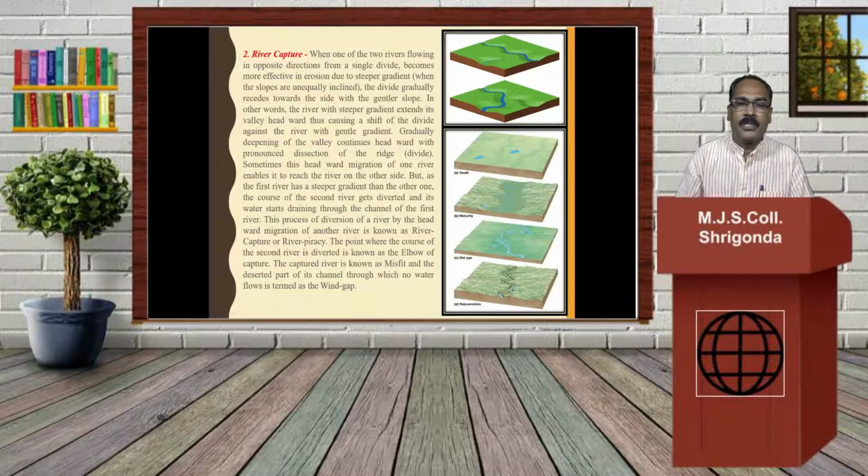This process of diversion of a river's headwaters by another river is known as river capture or river piracy. The point where the course of the second river is diverted is known as the elbow of capture.